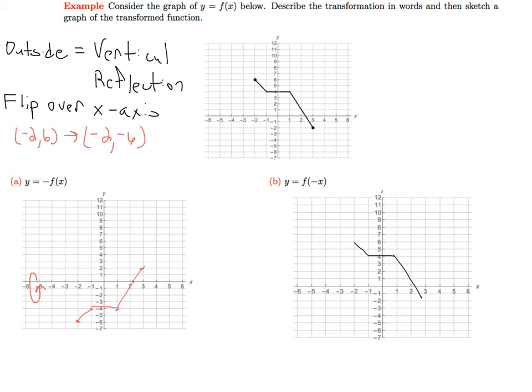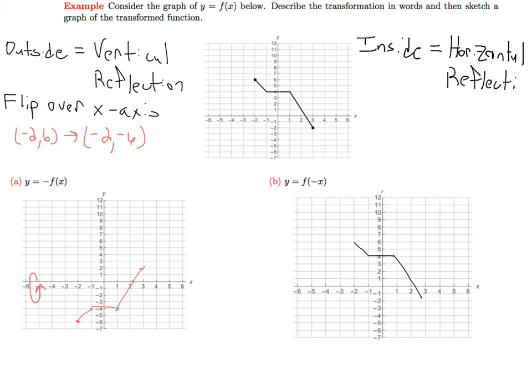In part B, we now are multiplying by -1 on the inside. And so inside transformation means we have a horizontal transformation. And since we're multiplying by -1, that means we have a horizontal reflection.